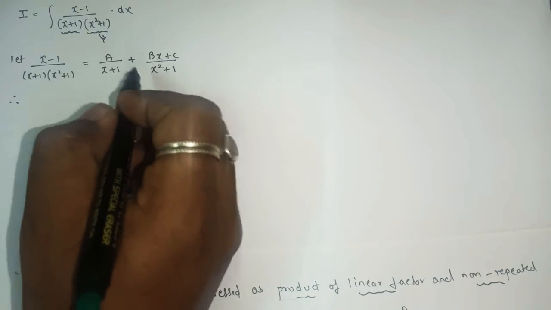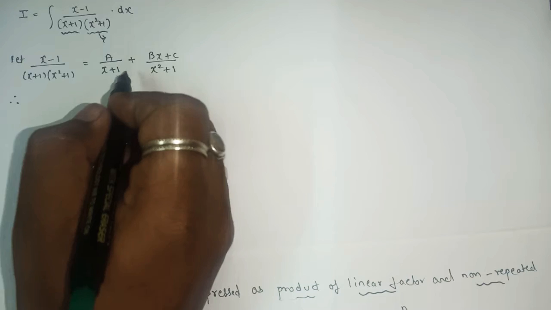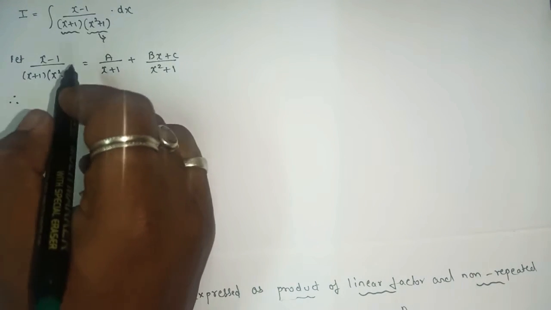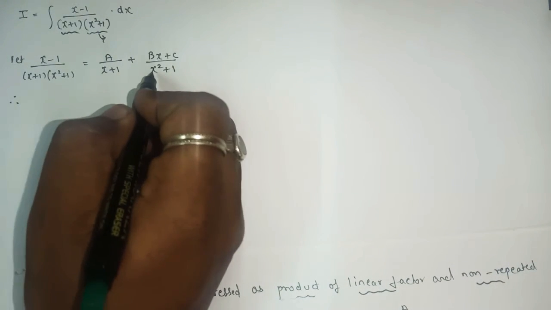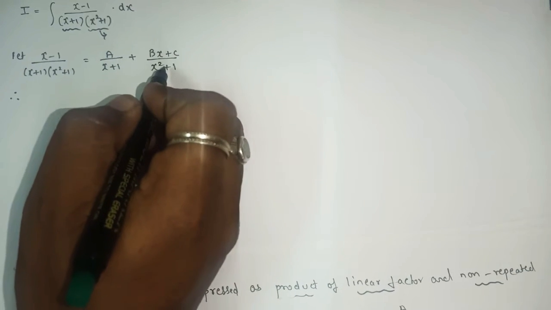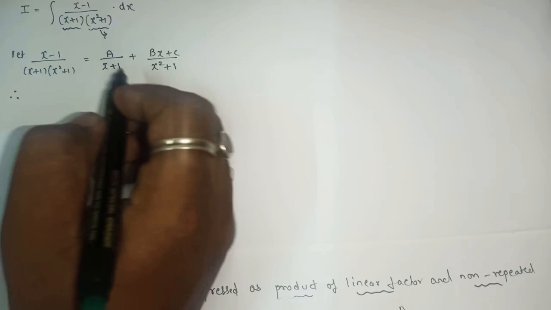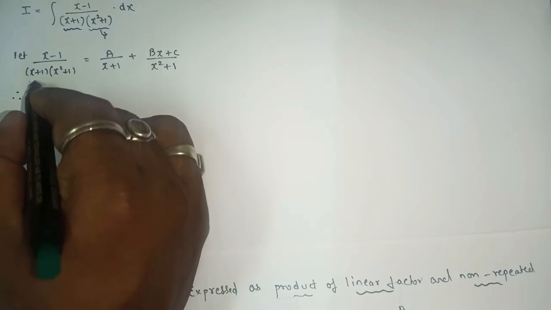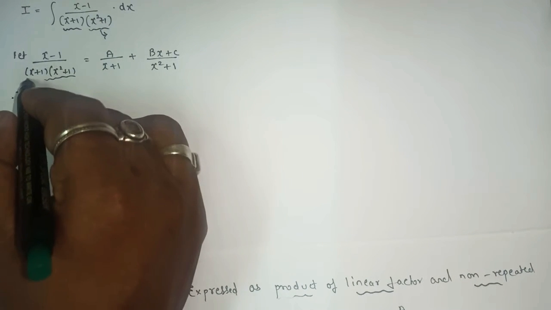So there are 2, 3 different methods: by cross multiplying we can cancel this denominator, or by taking the LCM, or just make the denominator the same. And one method is what? Simply multiply throughout by this part.